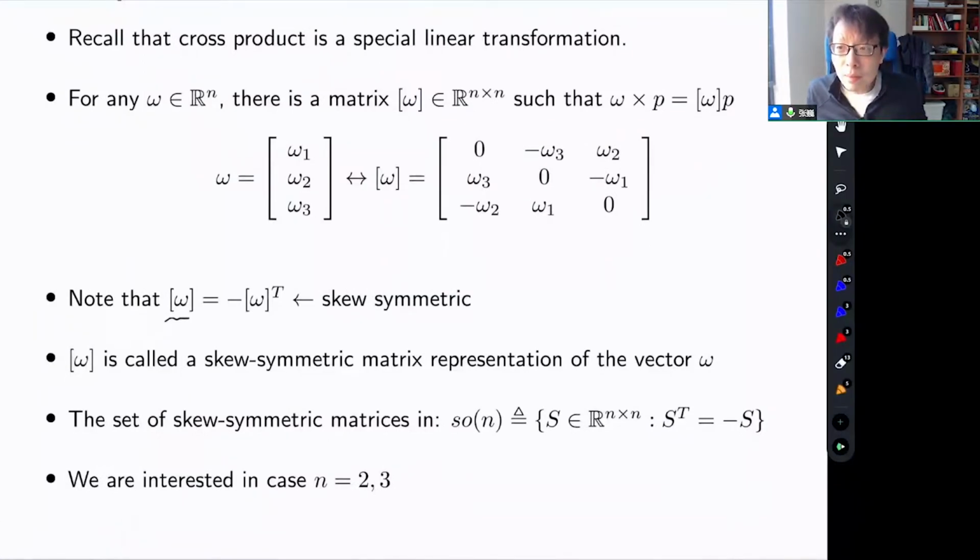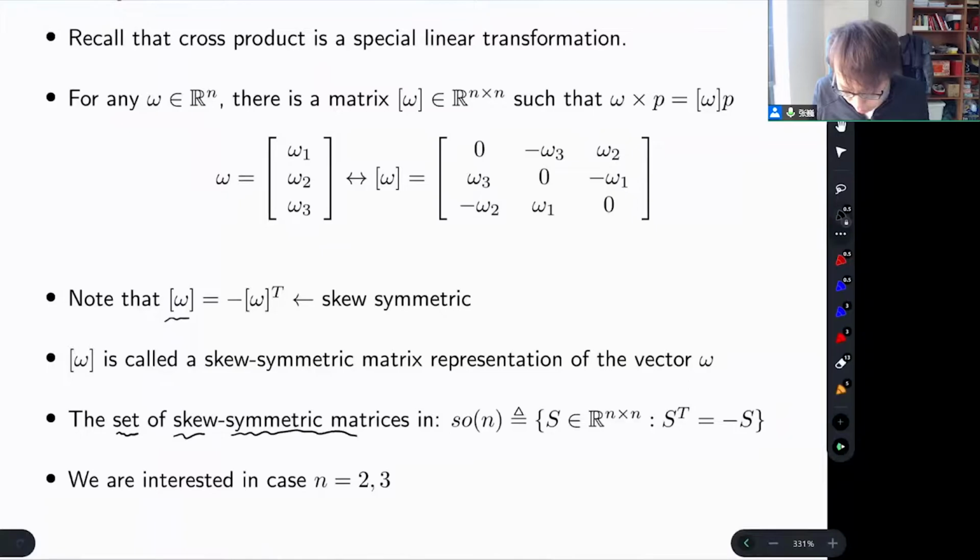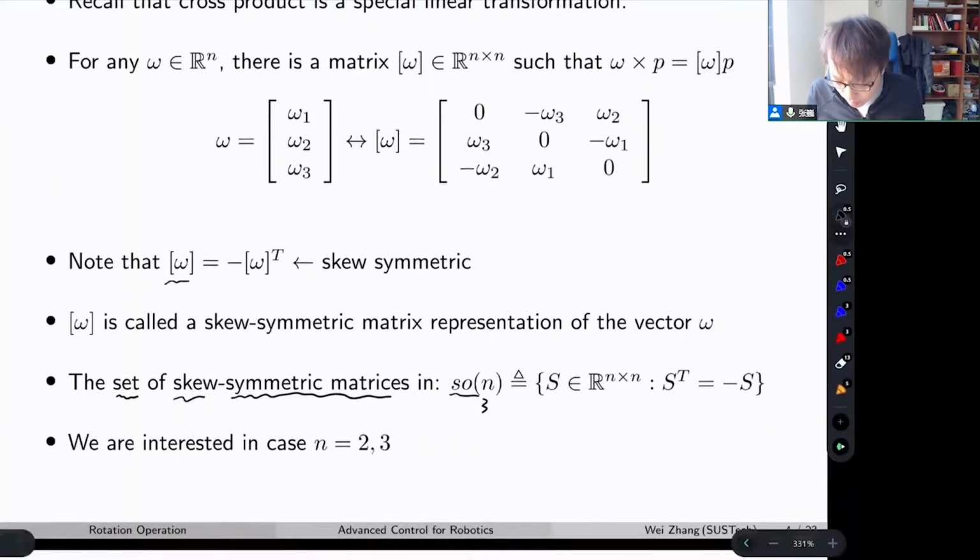There's a mathematical term that is worth at least being aware of: the set of skew symmetric matrices is called little so(3). In general, so(n) consists of all the skew symmetric n by n matrices.